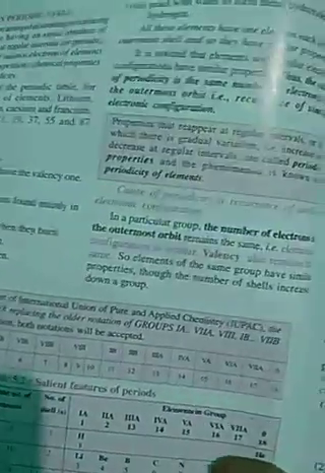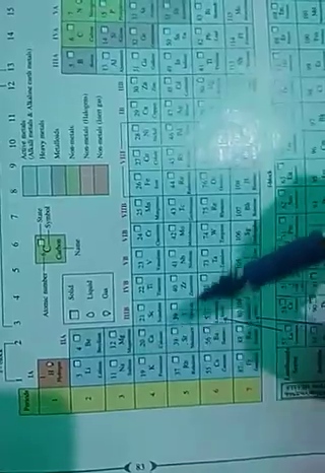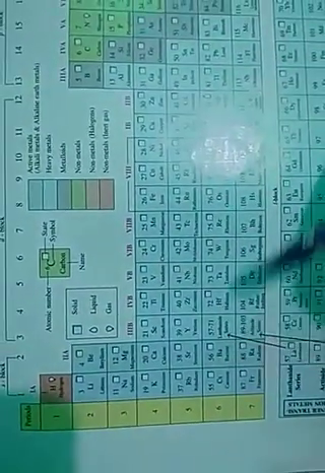Now there are certain features, certain properties of the modern periodic table. These vertical columns are called groups, and these horizontal rows are called periods. If you see, there are 1, 2, 3, 4, 5, 6, 7 horizontal periods.